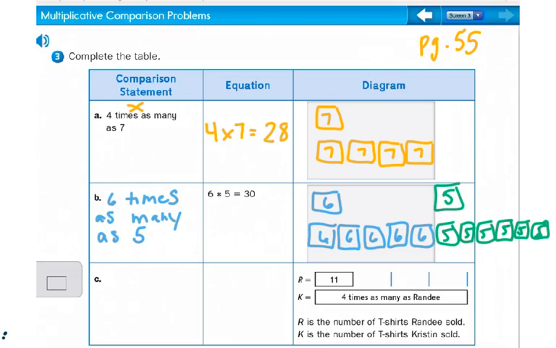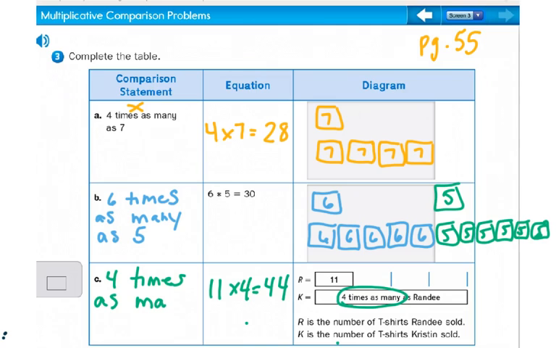So I'll start with Randy sold 11, and Kristen sold 4 times as many. What is 11 times 4? 44. We'll write that in words. 4 times as many as 11.